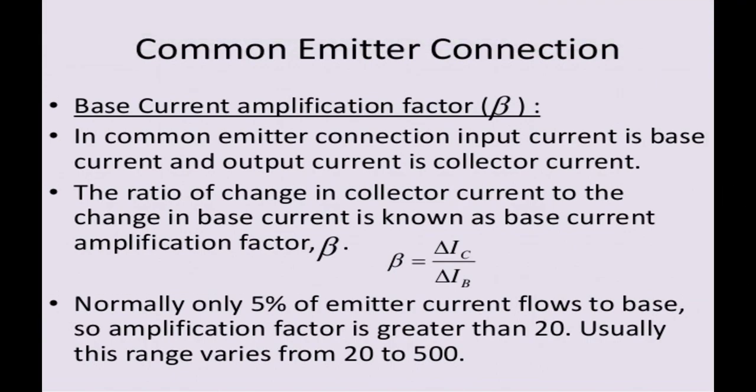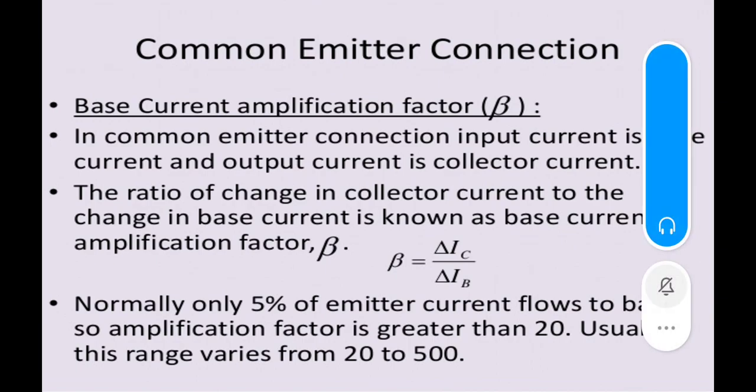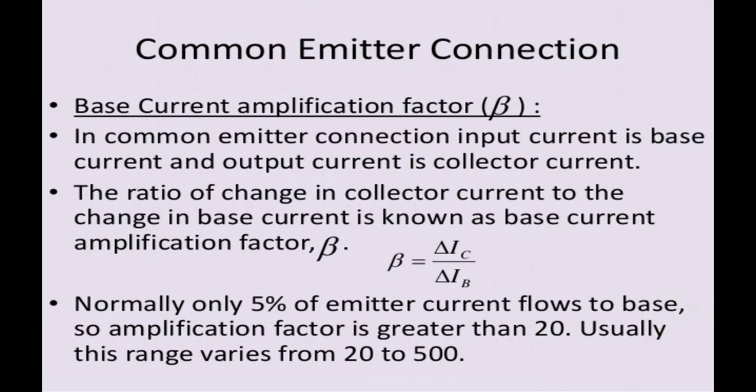Yesterday we studied the BJT, bipolar junction transistor. What do you mean by a bipolar junction transistor? How does it work? How is it formed? Types of BJT, and how it works in the active region, the saturation region and the cutoff region.